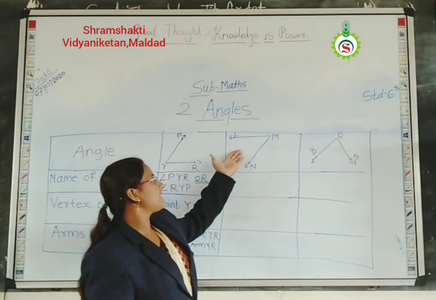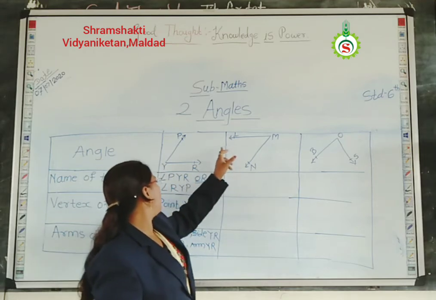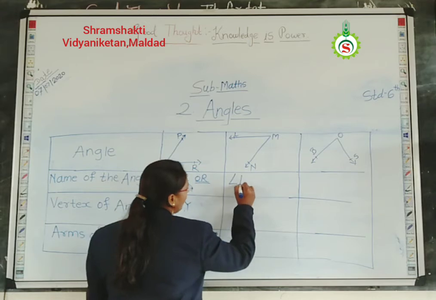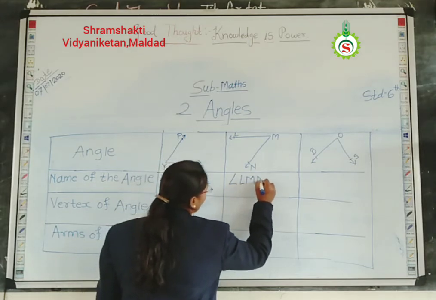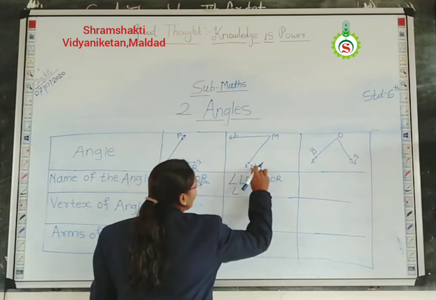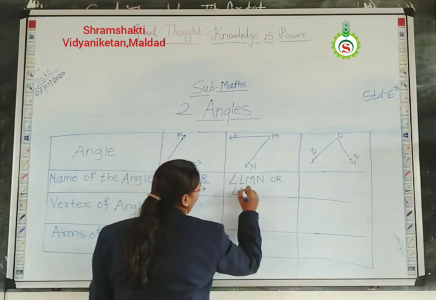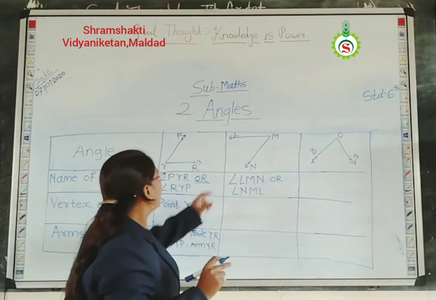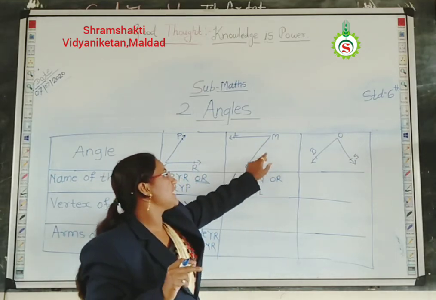Okay. For the next angle, the name of the angle is LMN. You can write angle LMN, or you may write it as angle NML. Which is the vertex for this angle?